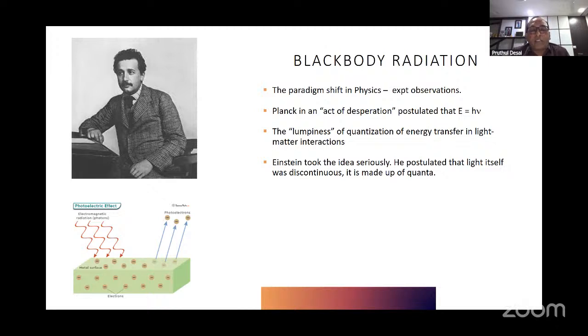So Einstein, in fact, went one step further than Planck, and he said that by very nature, light is quantized and light is particle-like. As a proof of his idea, he said, why not look at the photoelectric effect? And he could explain the photoelectric effect with the help of a simple equation that we all know.